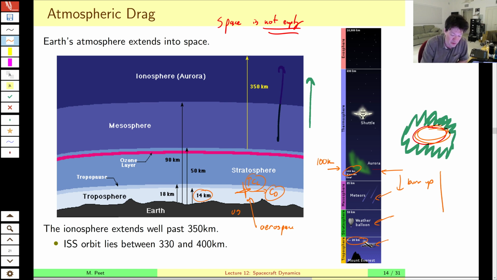And below the Kármán line, we get the aero people, and above the Kármán line, we have the astronautics. We have astro people. So if you're astro specialization, you work up here, and the aero people, they work down here. So what's the interpretation of the Kármán line?